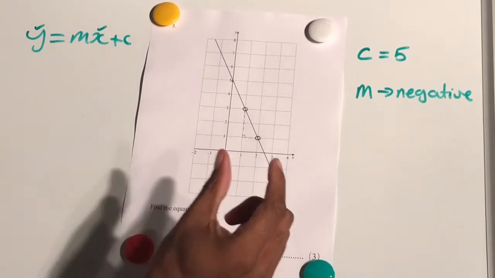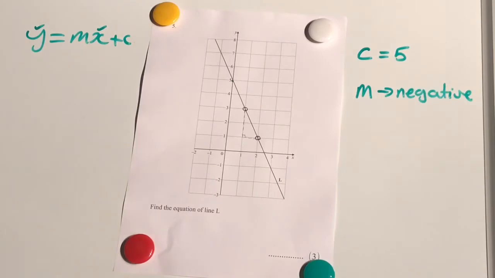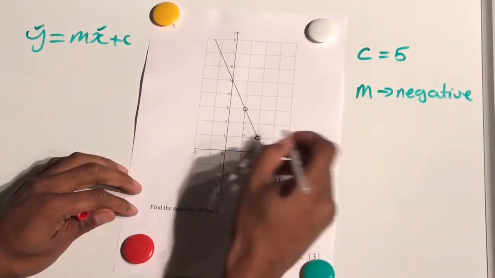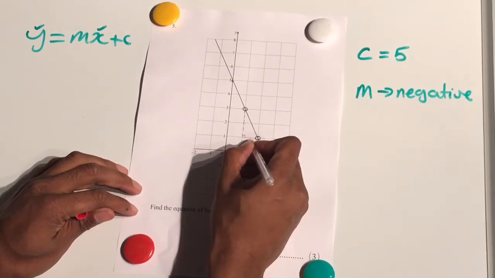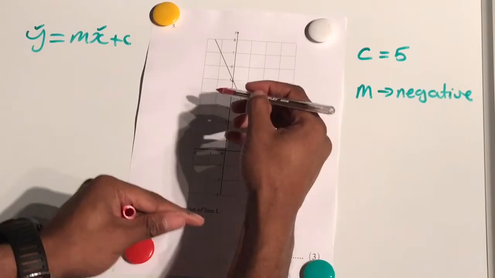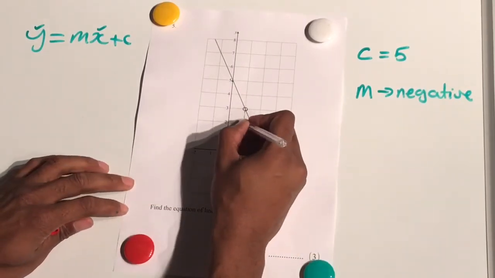So we're looking at the width of this triangle. So the x, the horizontal line here, is 1. The vertical line, the height of the triangle, is 2.